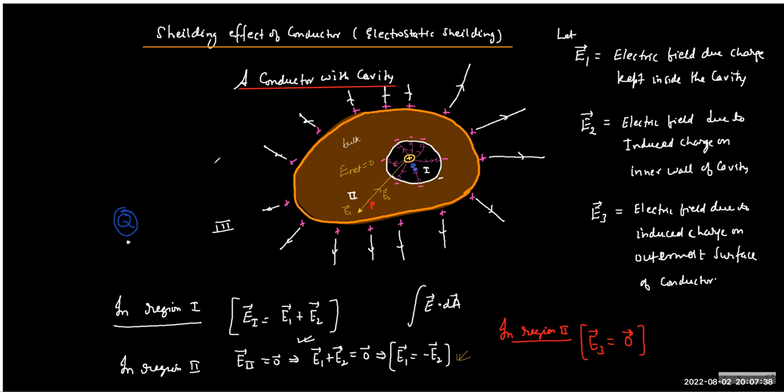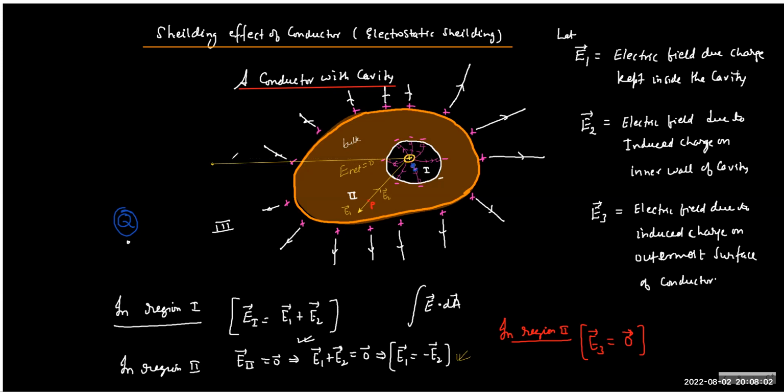And the moment you come outside, the charge on the outer surface will create its own field. But E1 and E2 will be again equal and opposite. So at this point also, because the scope of E1 and E2 is only in the cavity.